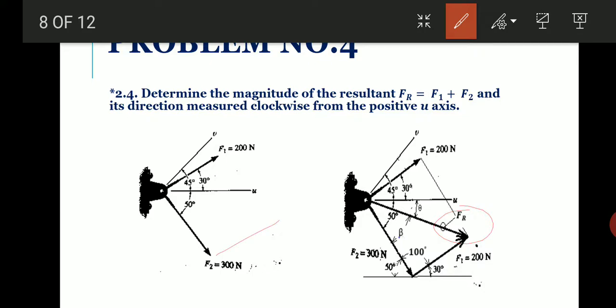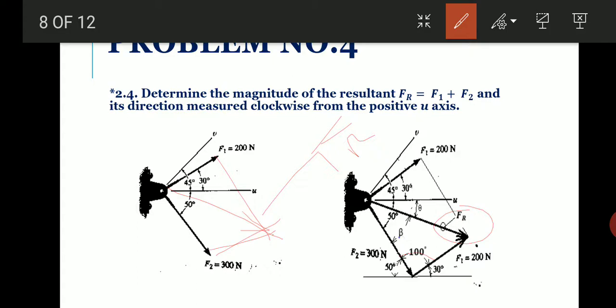Since we use the parallelogram method, we get this Fr, and then how do we find 100 degree?